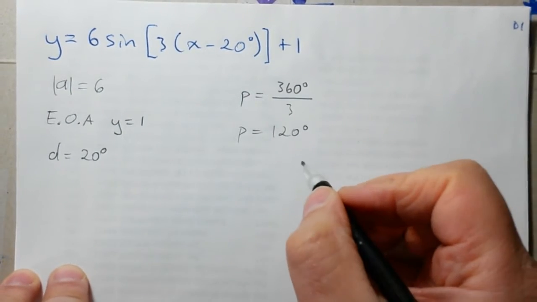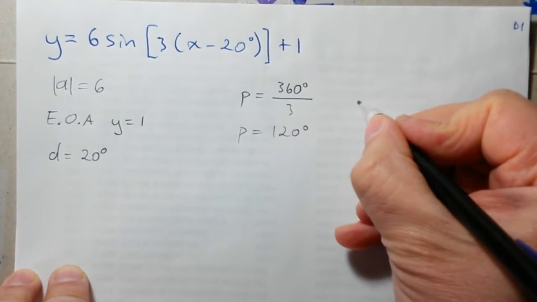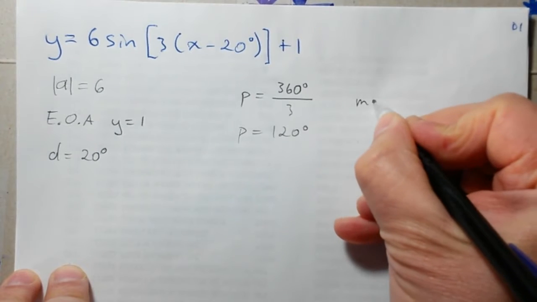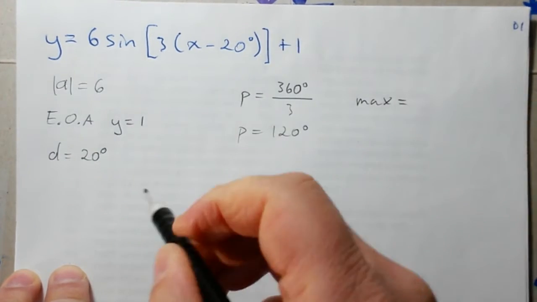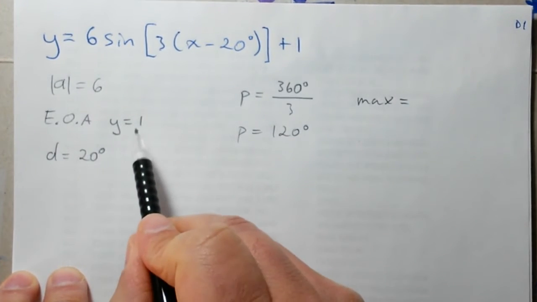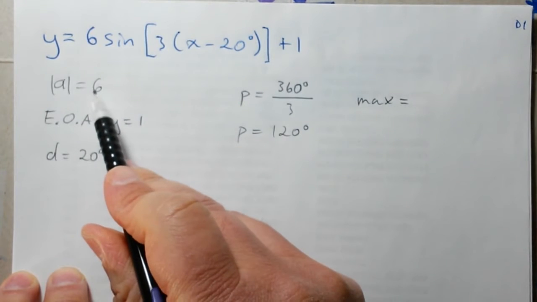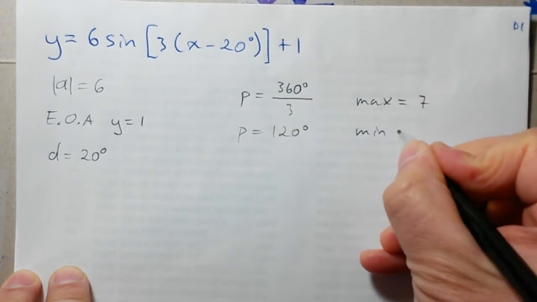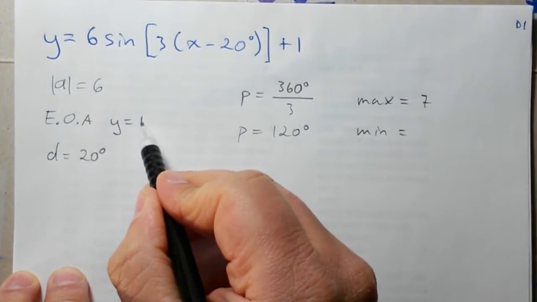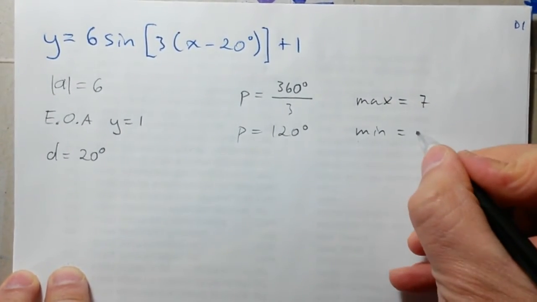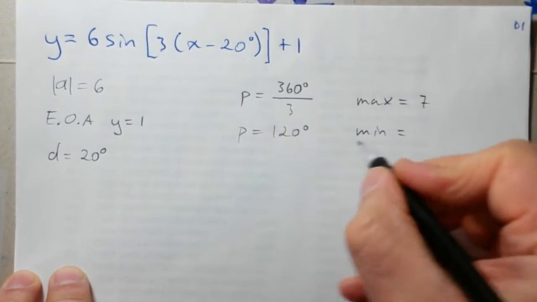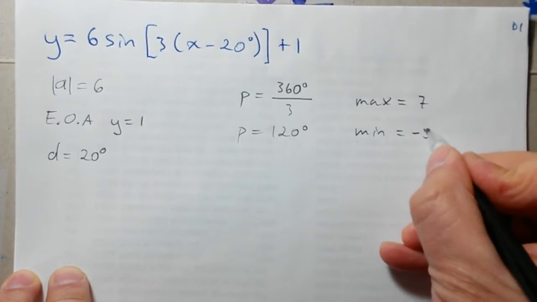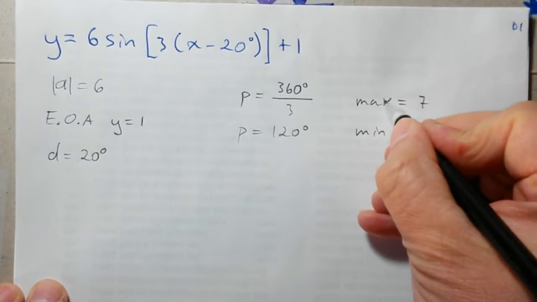Okay, and last but not least, let's collect the maximum and the minimum values. The maximum value will be c plus a, which gives us 7, and the minimum value would be c minus a, which gives us, in this case, minus 5.